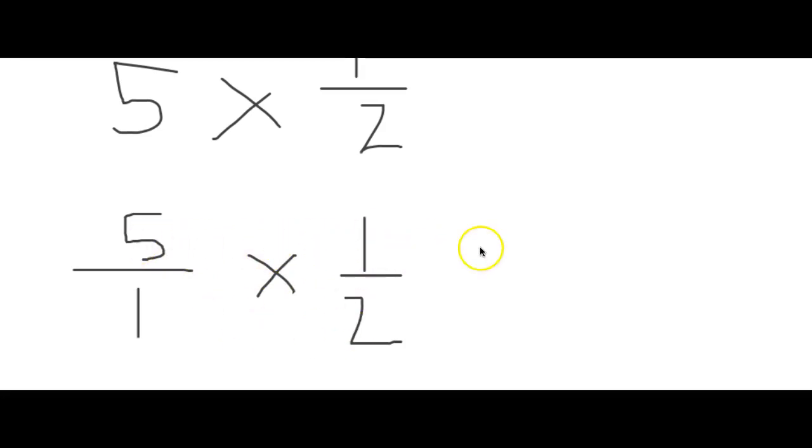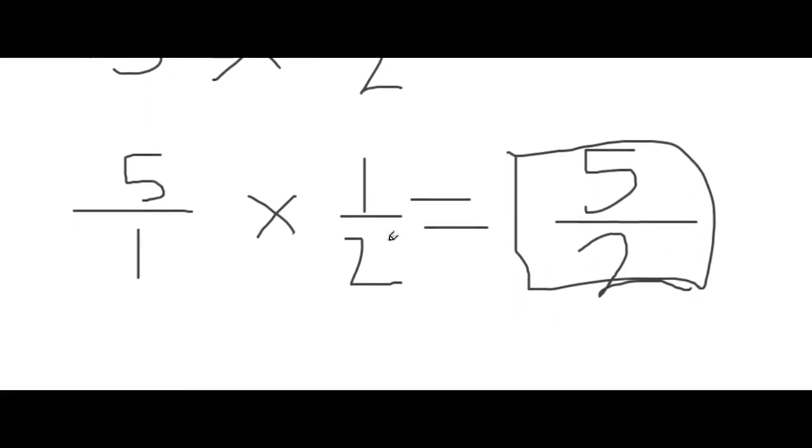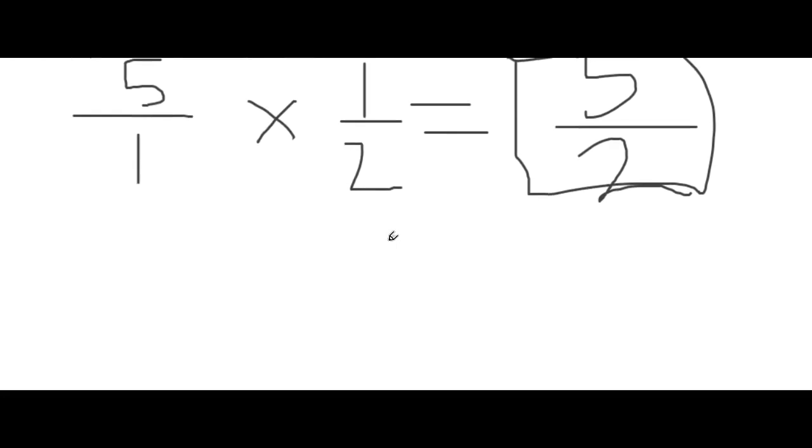So we're going to have 5 times 1, which is 5. And then you have 1 times 2, which is 2. Now remember, this is an improper fraction and we don't leave them in improper fraction form. So what do we have?